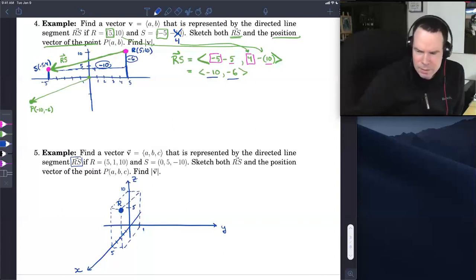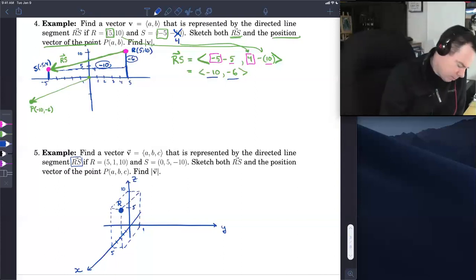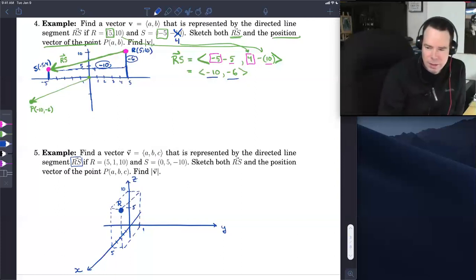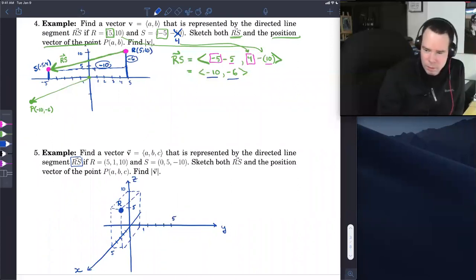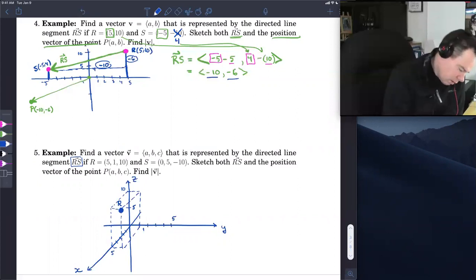The next point is 0, 5, -10. So we're 0 units along the x direction. Maybe I didn't say the negative, but -10. So then we're 5 units along the y direction. So there's 1, 2, 3, 4, 5. And we're -10 units down the z-axis. So there is -5, and here is -10.